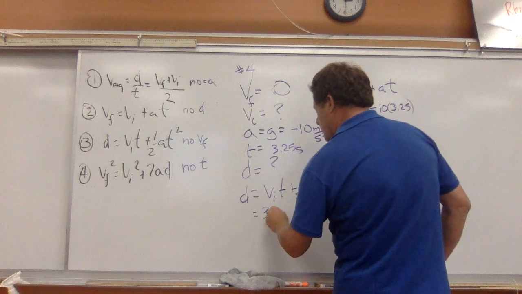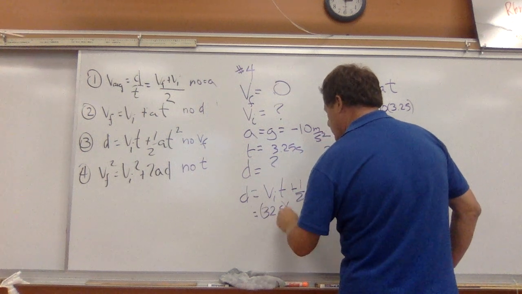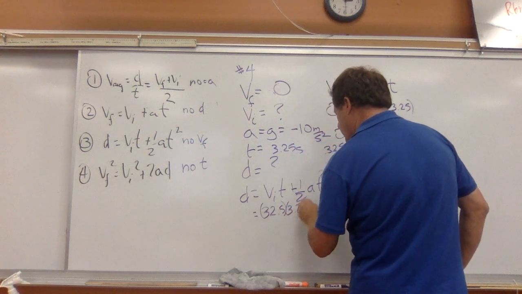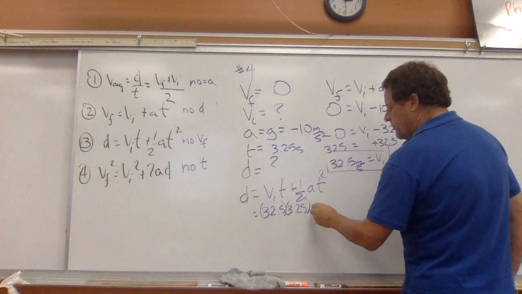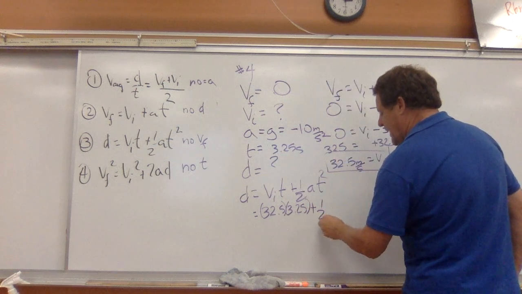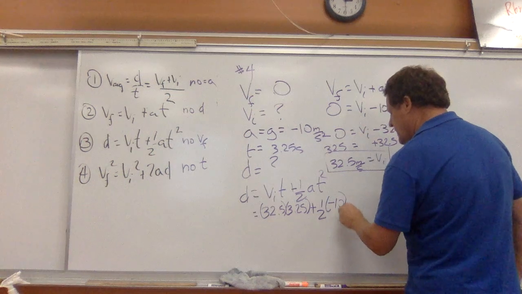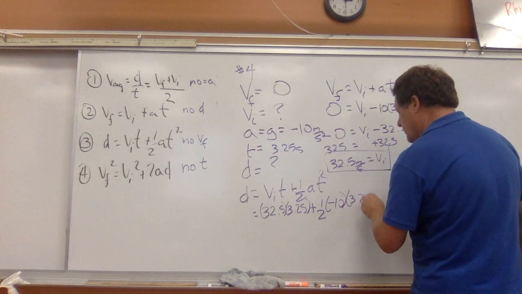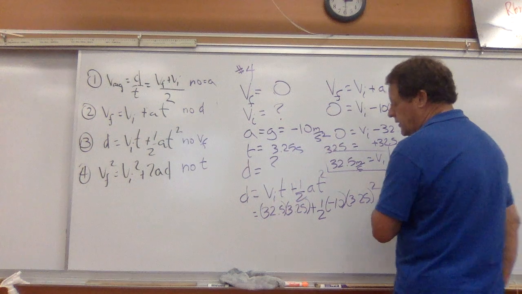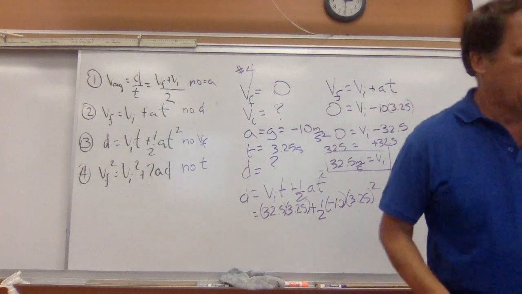So this is 32.5 times 3.25 plus 1/2 of negative 10 times 3.25 squared.